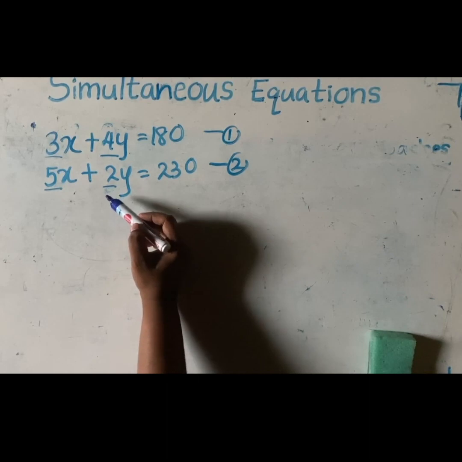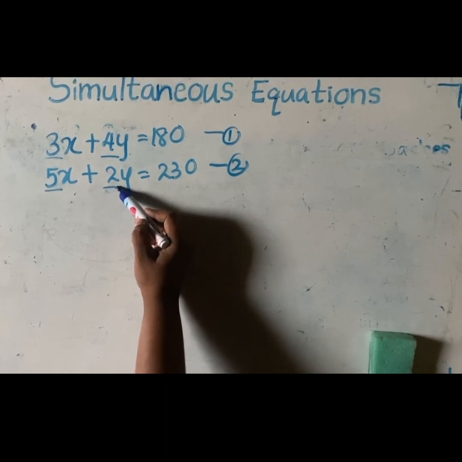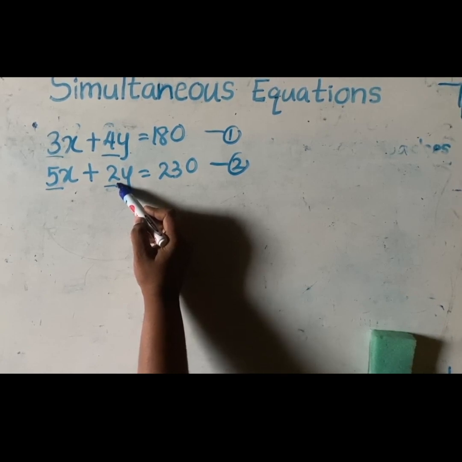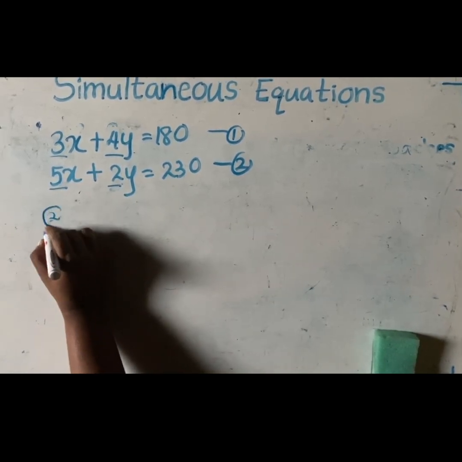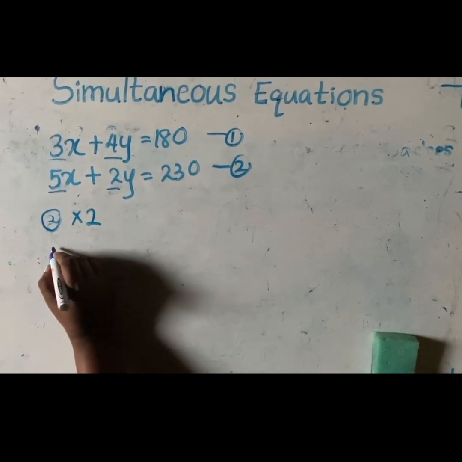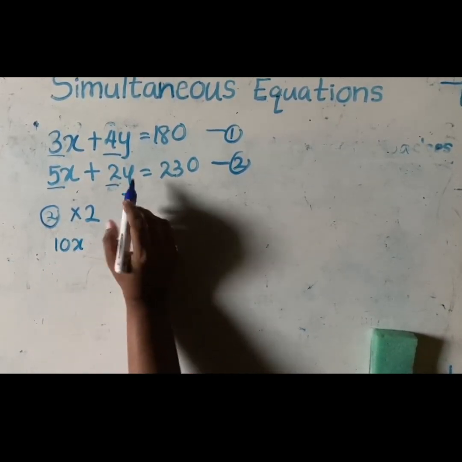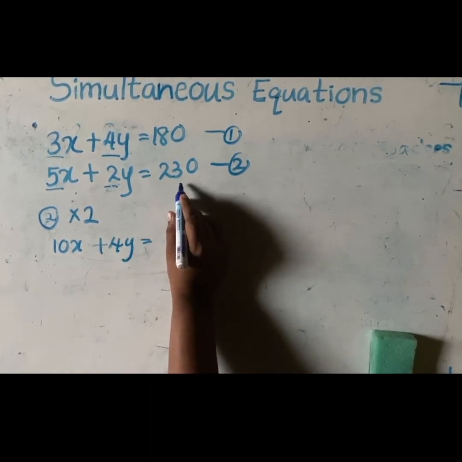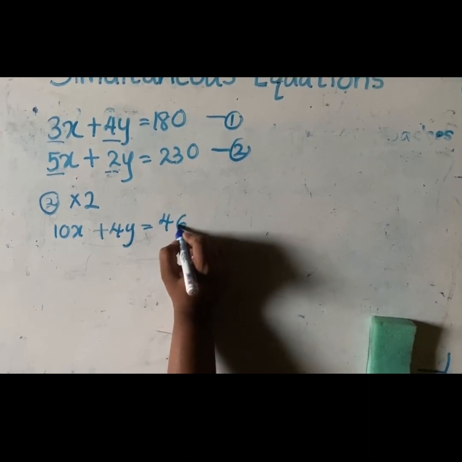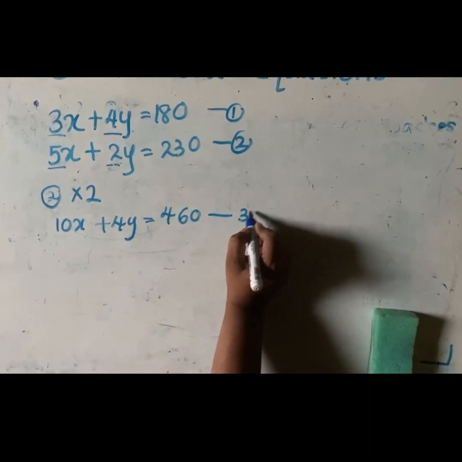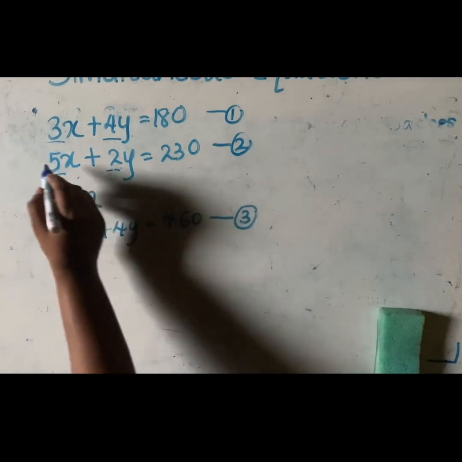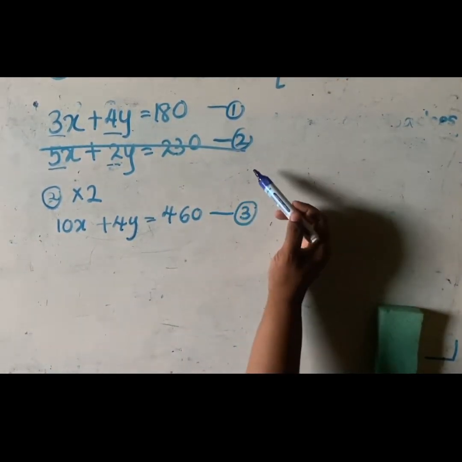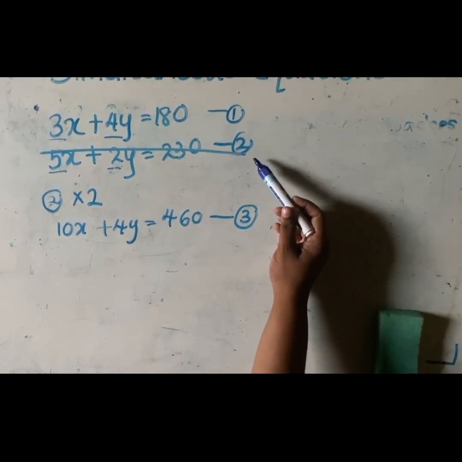I can make this 2 into 4 by multiplying the second equation by 2. Then 10x plus 4y equal 230 into 2, 460. I will mark this equation as the third one, and I cut off my second equation.